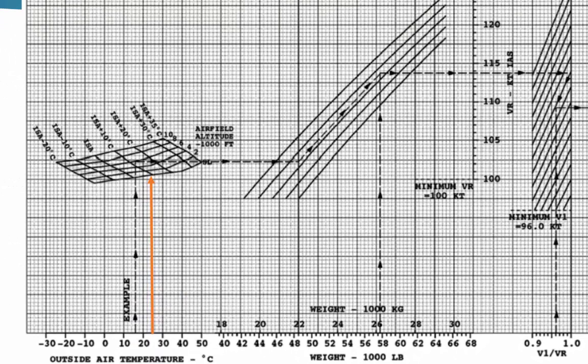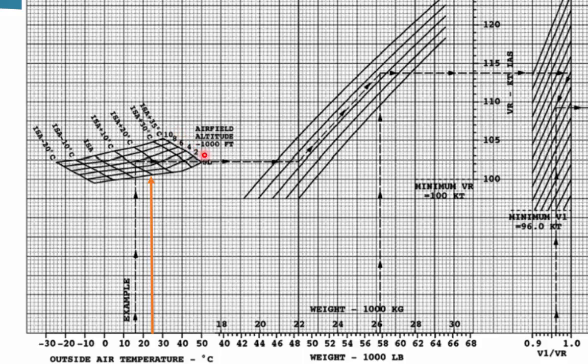So we have a temperature given to us of 25 degrees Celsius at sea level. Drawing a line up from outside air temperature of 25 degrees Celsius, we intersect at sea level. The scale for this is a little hard to see, so let me indicate it.